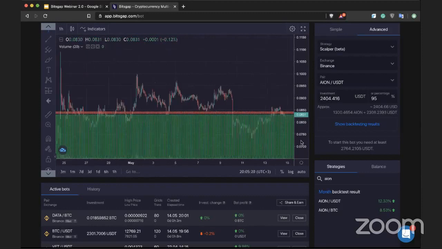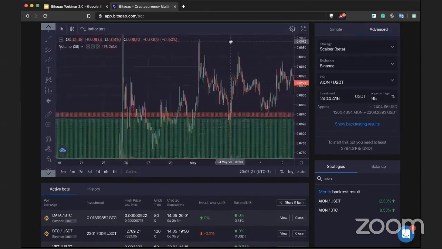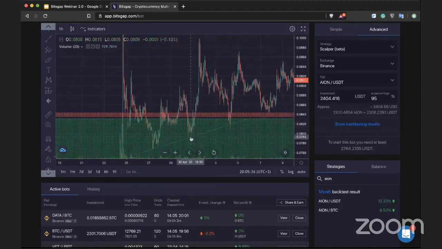So I wouldn't enter the trade at the very bottom of the support level. I would enter right after the appreciation has occurred, which is an additional confirmation for me that the support level has sustained.